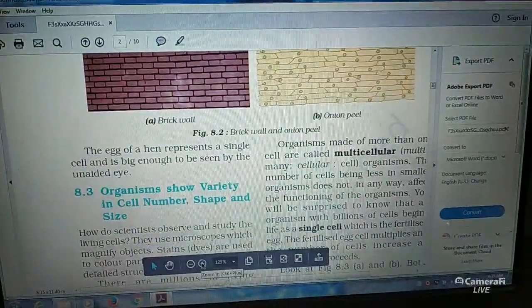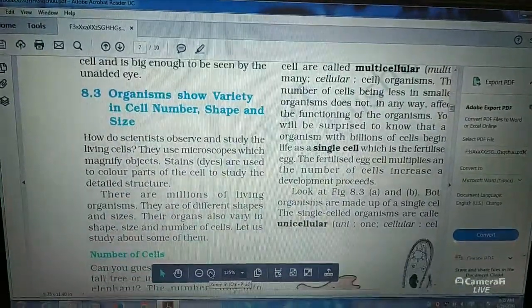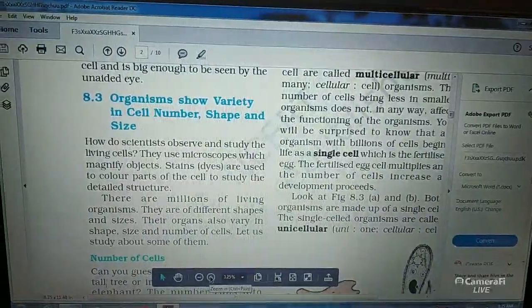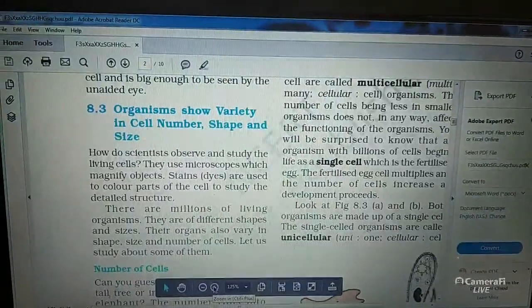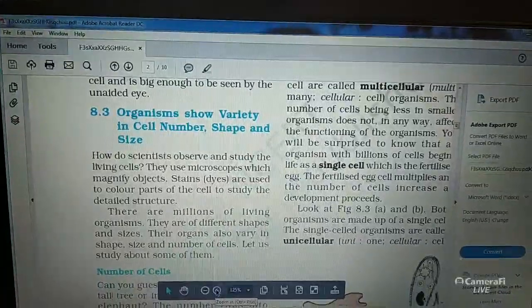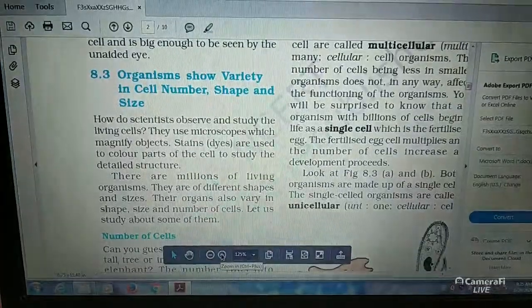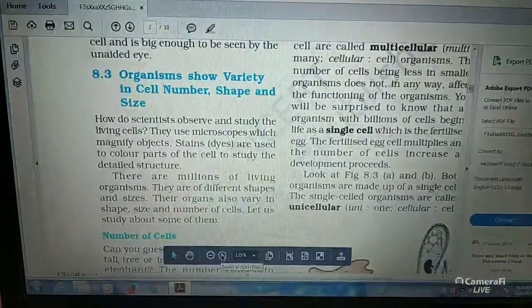Cells can vary in their number, shape and size, from organism to organism. Brick cell, Sudipta? No, brick is not a cell. I am comparing brick as cell.